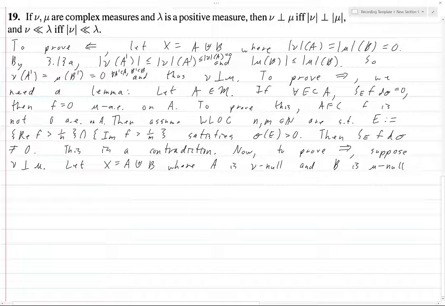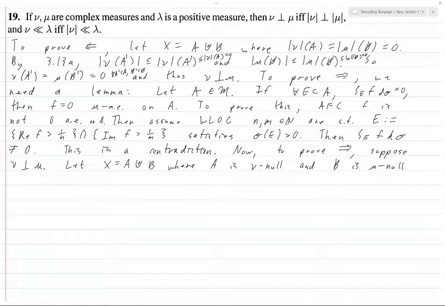And likewise, we could do the same thing over here. This is less than or equal to mu of B, which is equal to 0. See, man, even though this is my second time recording this, I almost really messed up this proof. So you really have to be careful and make sure that you have these definitions straightened out.